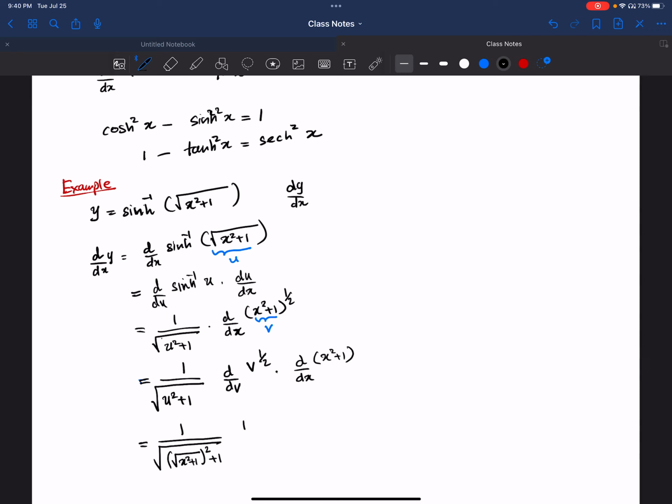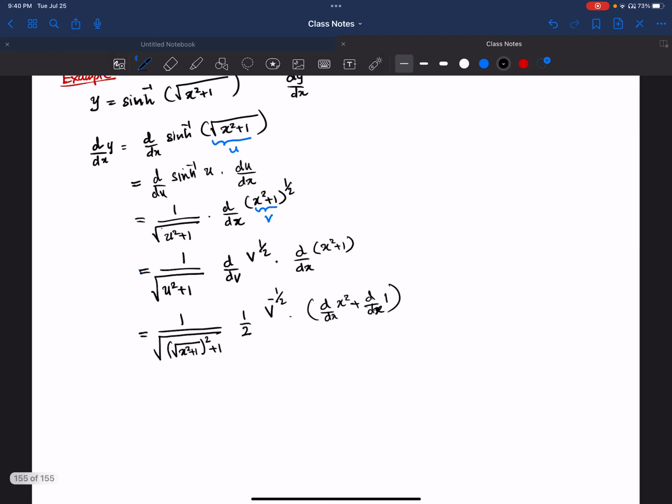This is half times v to the power negative half times d over dx x squared plus d over dx 1. From this we get 1 over square root of x squared plus 1 plus 1, and this is half, 1 over square root of v, times 2x plus 0.